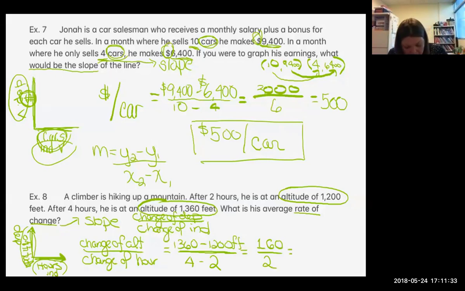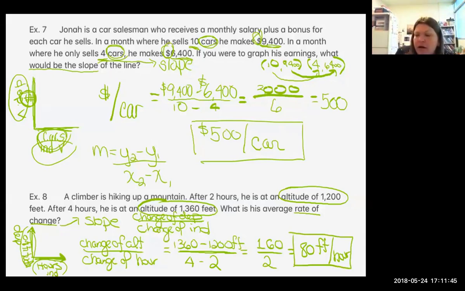Okay, great. So I went 160 feet over the course of 2 hours. I'll divide that through, and that's 80 feet per hour. That's how fast I'm rising. Or how fast my altitude is changing. My altitude is changing at a rate of 80 feet per hour. That is the rate of change.